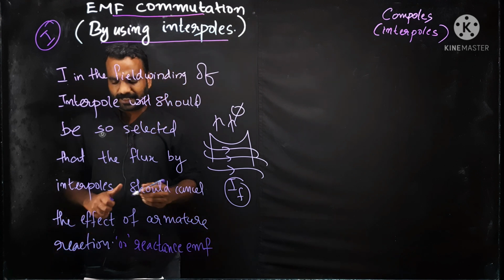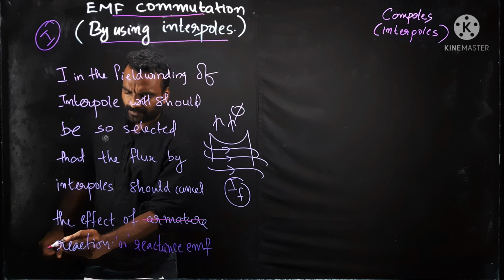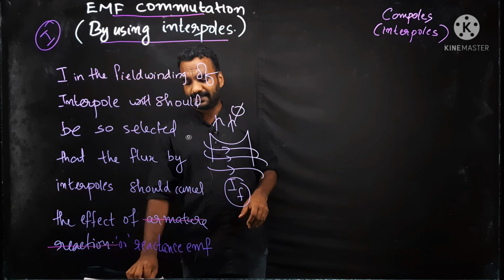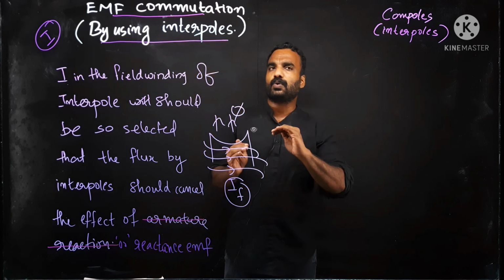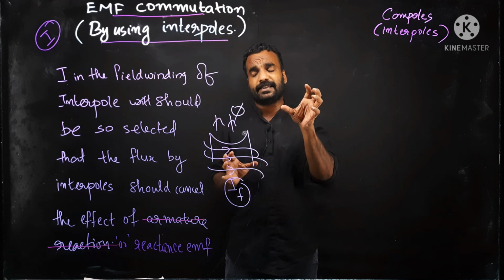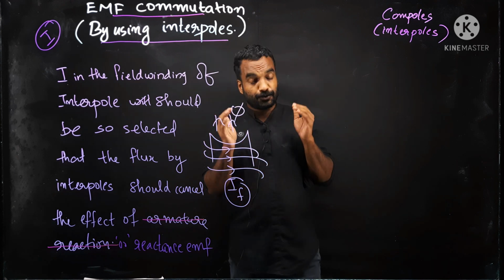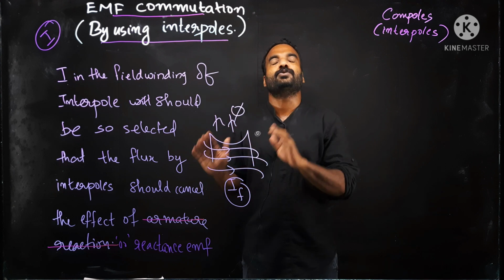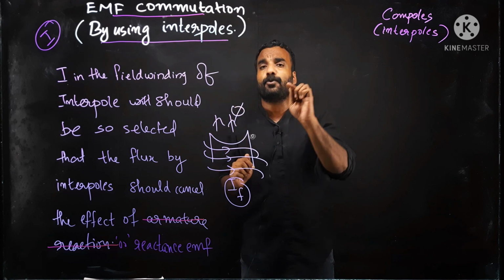For better understanding, you can cancel this word, because there is a cross relation between armature reaction and reactance EMF. For making it simple I am not going to that extent. Armature reaction also has an effect in producing reactance voltage. If armature reaction is not there, delayed commutation will not come. Keep that point in your mind.